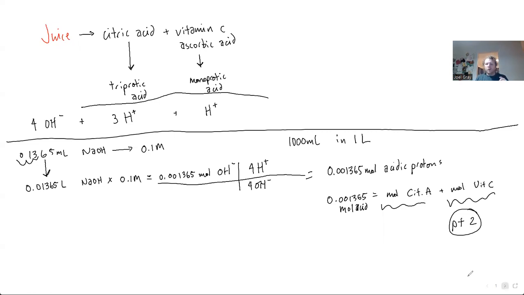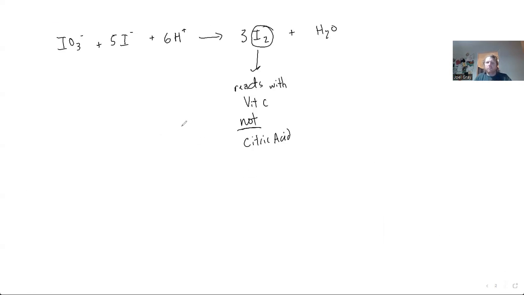Okay, so here is a hypothetical number. Let's say that you do this titration, and sorry, let me go ahead and wrap the second part of this up. So I'm going to erase this.